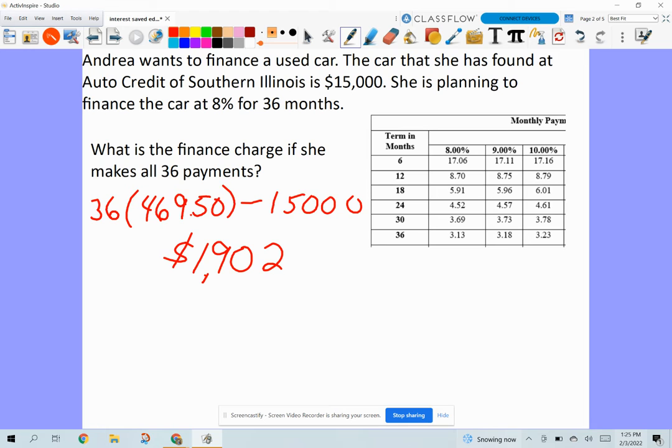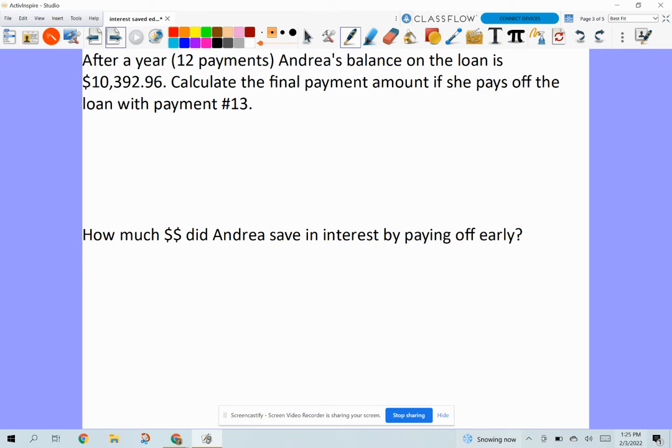So let's suppose after a year, Andrea comes into some money and she's going to pay off her car. Okay, so she can do one of two things. She can call the bank and say, hey, what's my payoff amount for my car? Okay, they can tell you that amount. What's going to happen is at the end of 12 months, I actually figured this up.